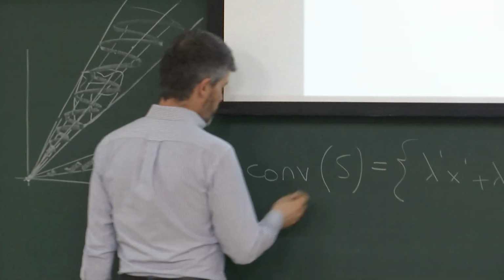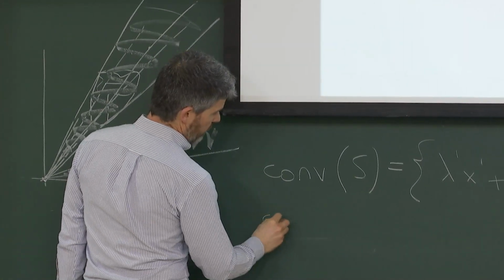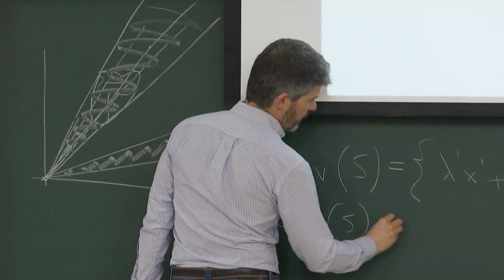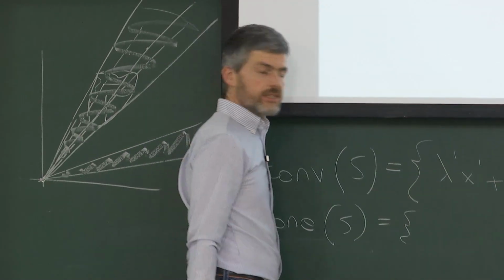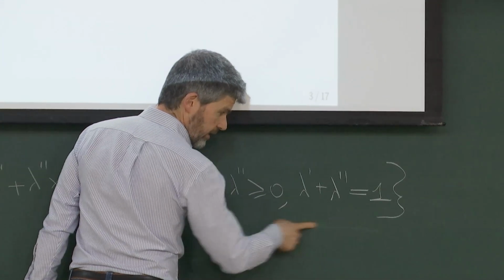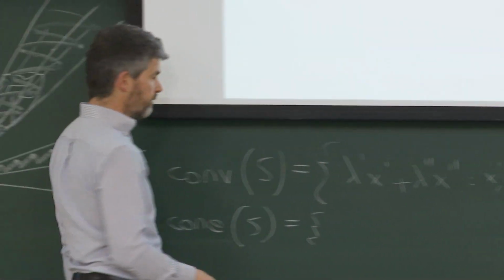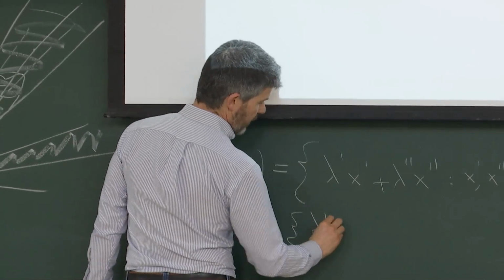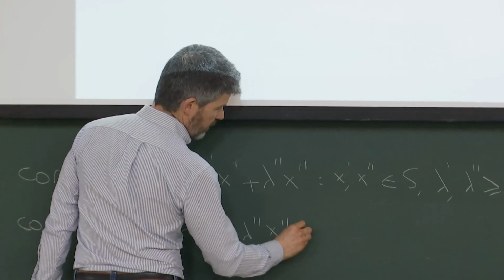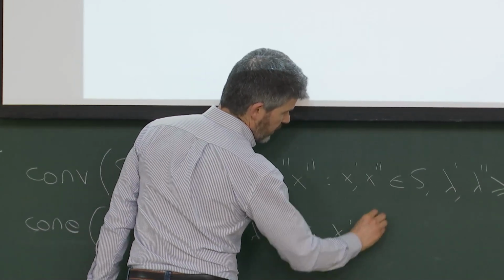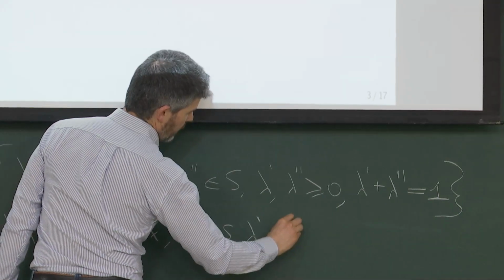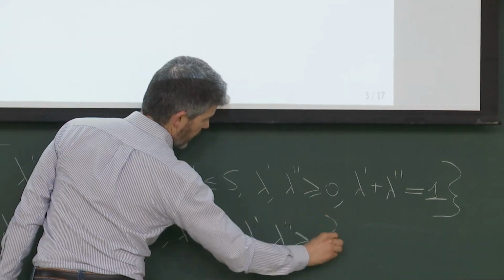The conic hull, we just saw it, so let me write it out explicitly as well, is simply another set that is similarly described. The only thing that's missing, we can just copy-paste this if we had copy-paste on blackboards, is this last bit. So it is the set lambda prime x prime plus lambda double prime x double prime such that x prime, x double prime in S, lambda prime, lambda double prime greater or equal than 0, and that's it.